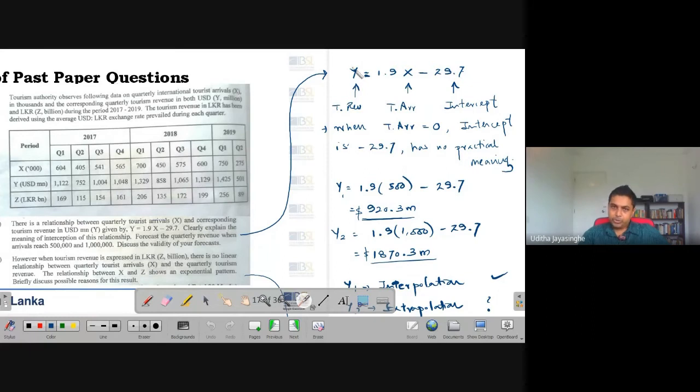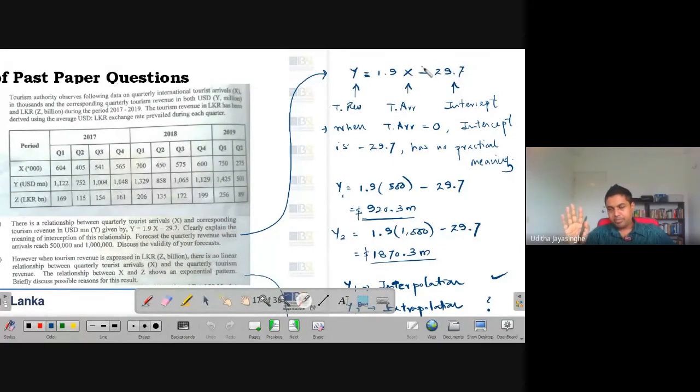But this tourism revenue is something you get from tourists coming to the country. So if this is 0, one can argue, fine, companies are making losses, but because tourist arrivals are 0, you're not making losses.